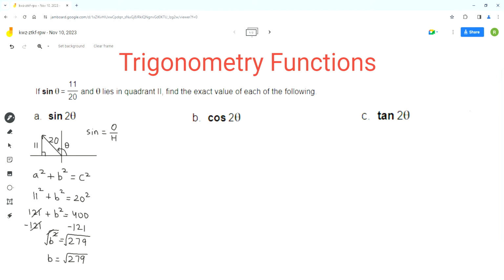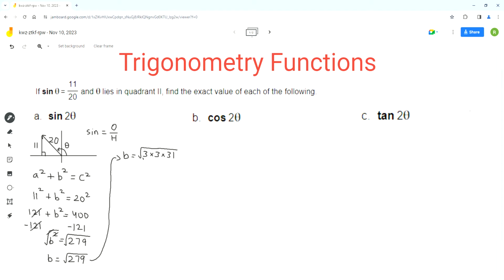Now we can simplify this expression, square root of 279, by breaking down 279 into its prime factors. I can show you the steps here. So 279 can be broken down as 3 times 3 times 31, because 3 times 3 times 31 is equal to 279.